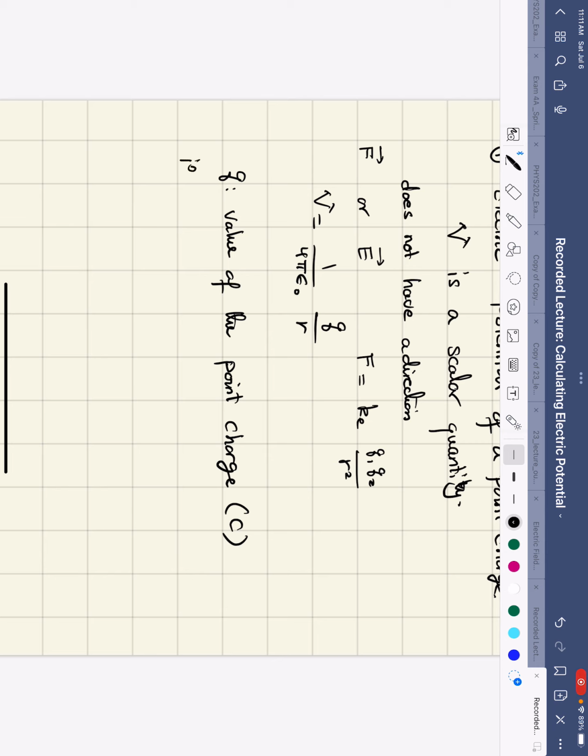And if the charge is negative, then V is negative, and you have to substitute that in the equation.